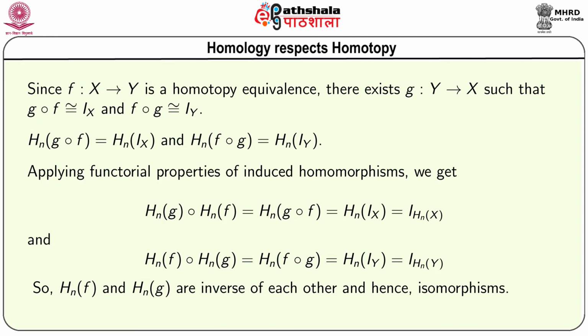So, it is given that f is a homotopy equivalence, therefore, we get a function g from Y to X such that g composed f is homotopic to the identity on X and f composed g is homotopic to the identity on Y. Then H_n of g composed f is H_n of the identity on X and H_n of f composed g is H_n of the identity on Y. Now, applying the functorial properties of the induced homomorphisms, we get that H_n g composed H_n f is equal to H_n of g composed f, and that is equal to H_n of the identity on X, that is the identity on H_n X. Also, H_n f composed H_n g is equal to the identity on H_n Y in a similar way.